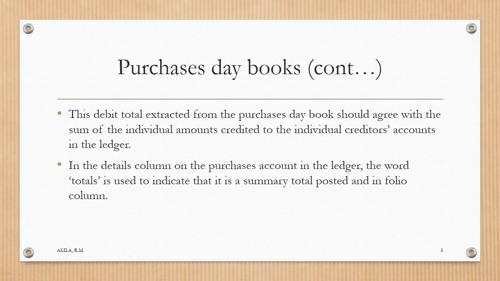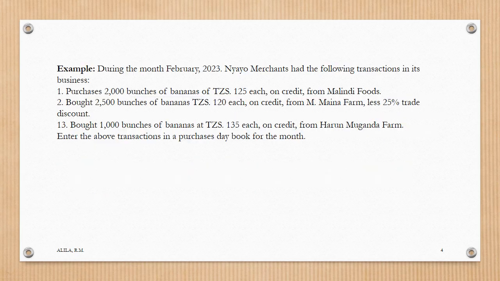For example, during the month of February 2023, Nyayo Merchant had the following transactions in its business. 1. Purchased 2,000 bunches of banana, shilling 125 each, on credit from Malindi Food. 2.